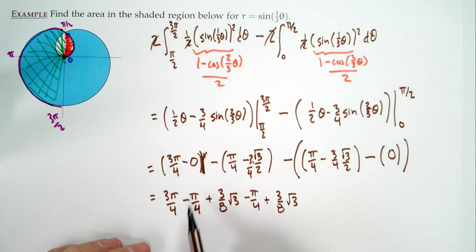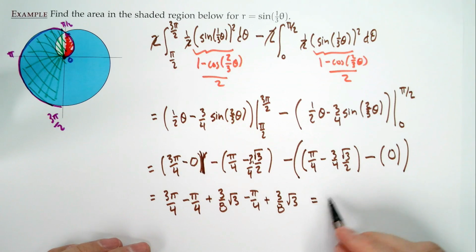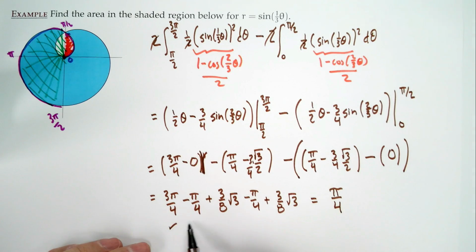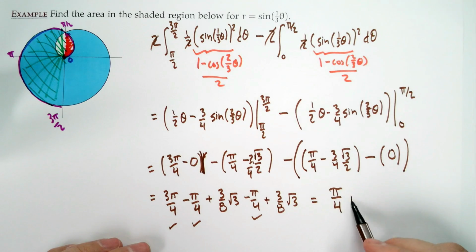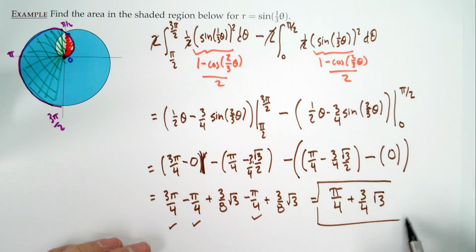So 3 pi over 4 minus pi over 4 minus pi over 4 leaves us with a pi over 4. Now that takes care of the pi over 4 terms. Then we have 3/8 plus 3/8, which makes it 3/4 root 3. And that's the answer. All right, good.